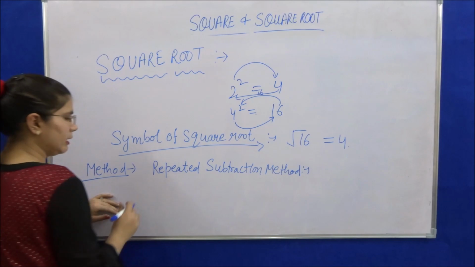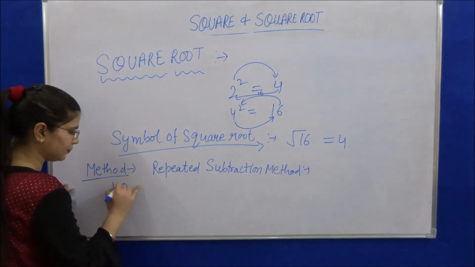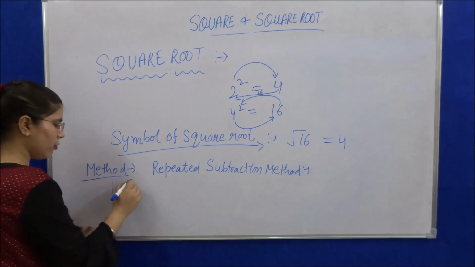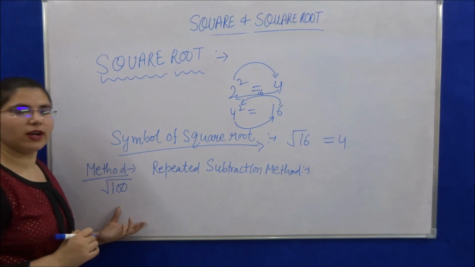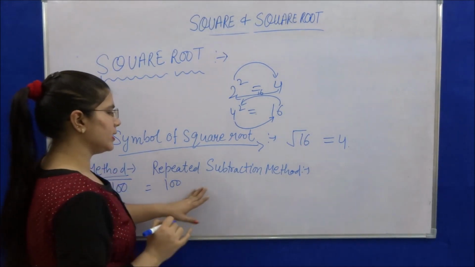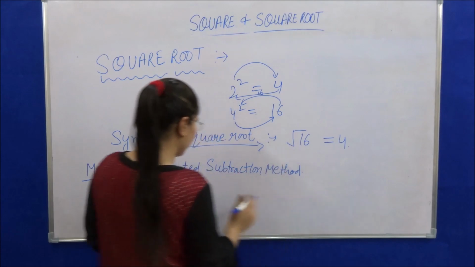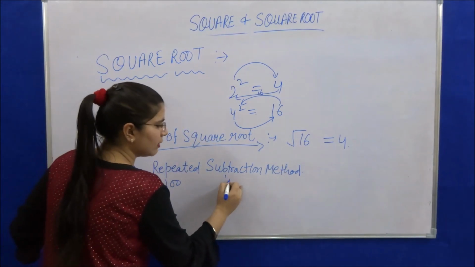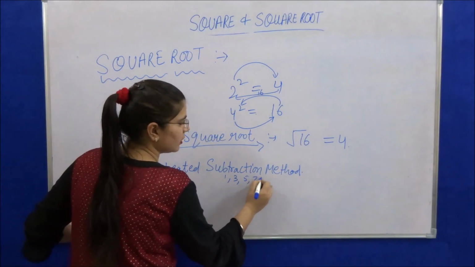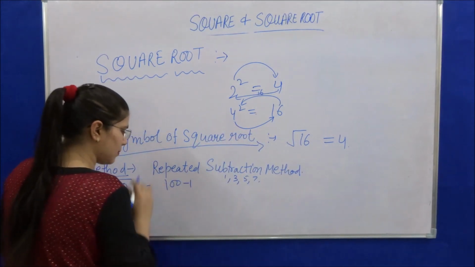In this, if we consider the number 100, we want to find the square root of 100. Here we consider repeated subtraction of odd numbers, so the odd numbers are 1, 3, 5, 7, 9 and so on. We will subtract these numbers subsequently.